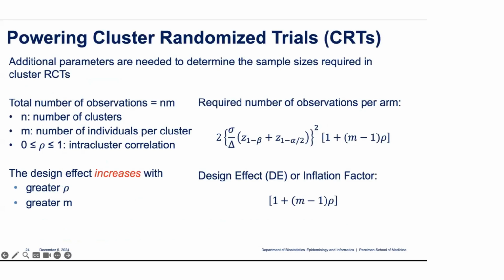For cluster randomized trials, we need some additional parameters. We note that we have to consider sample sizes in terms of the number of clusters, but also in the number of individuals per cluster.